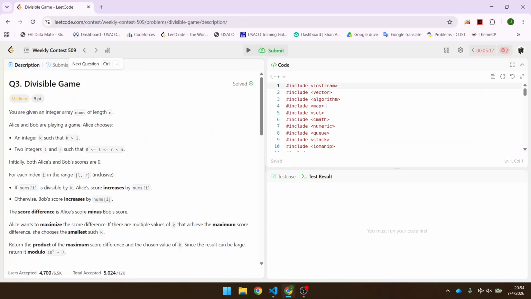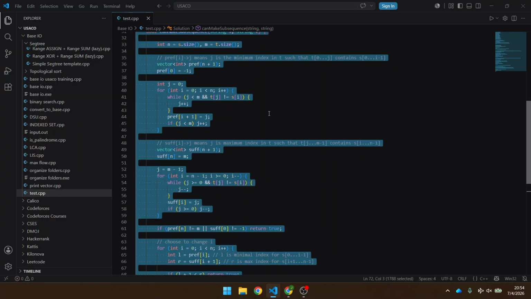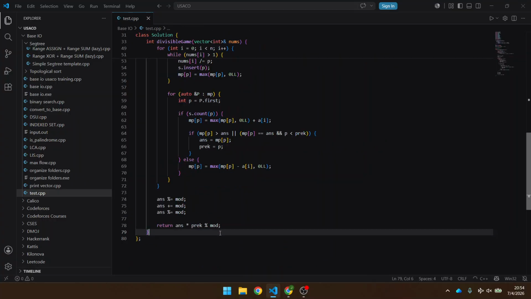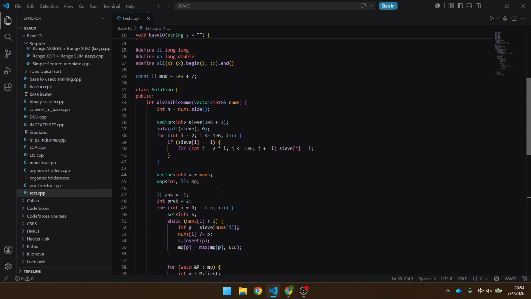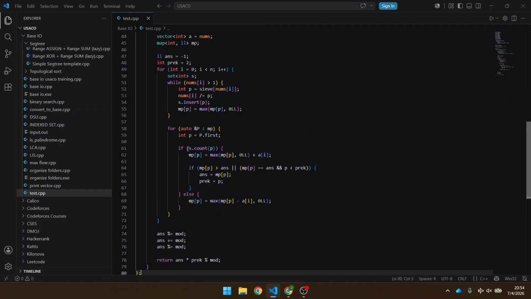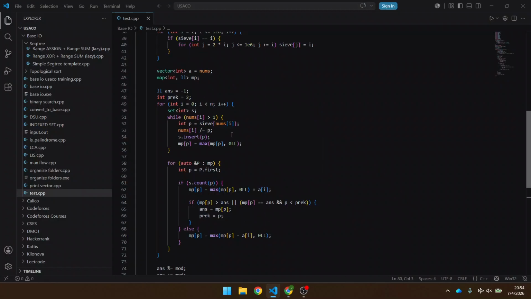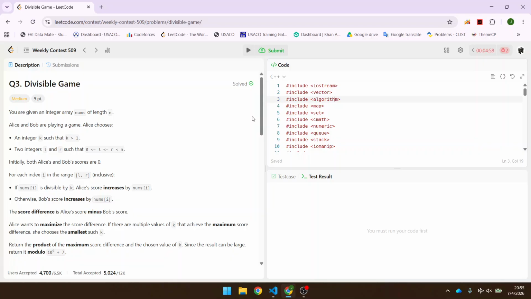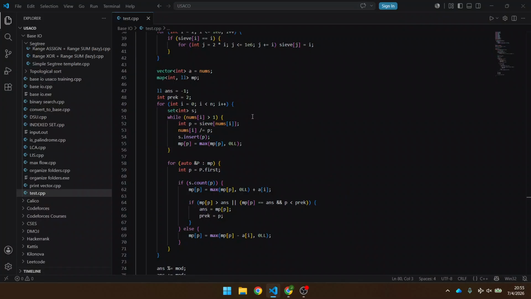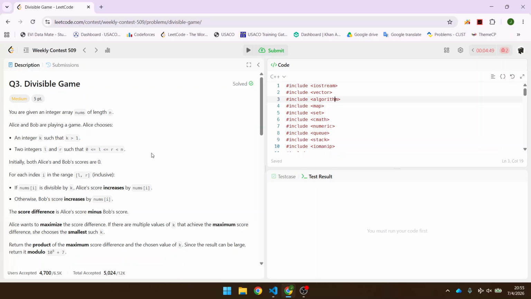Okay. Now I'll explain problem 3. So what happens here, right? The approach I did is kind of messy, but I basically take all the primes there are possible because K is always better to be a prime.